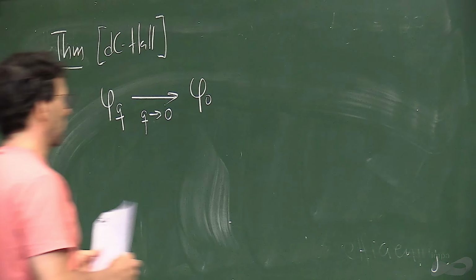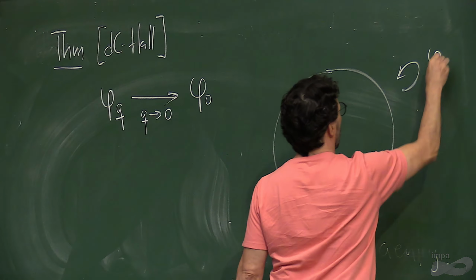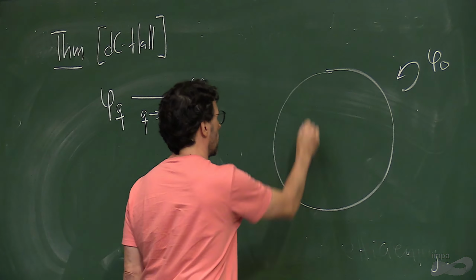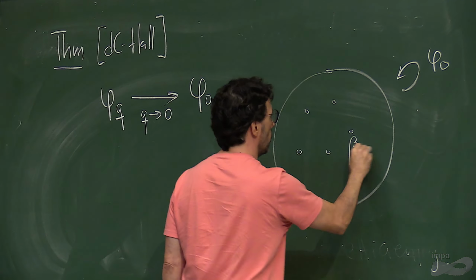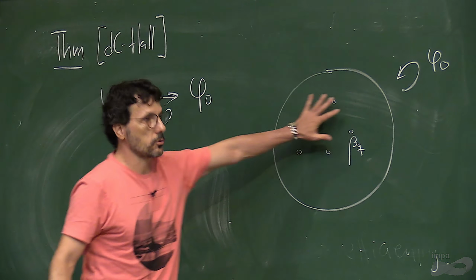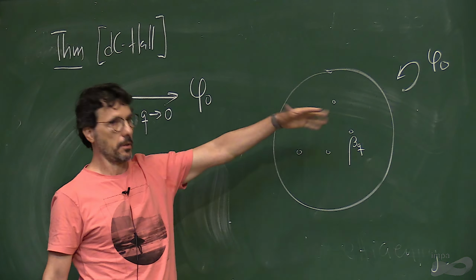So you look at the sphere with phi naught acting on it, the tight horseshoe acting on it, and then you take out one of these orbits beta q, and in the isotopy class of this there's a pseudo-Anosov map.